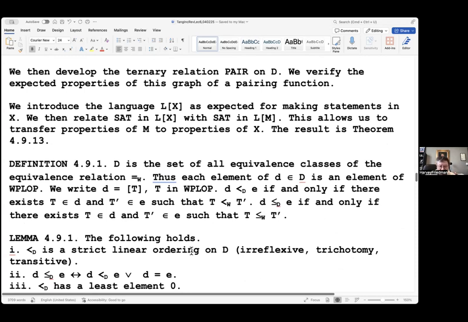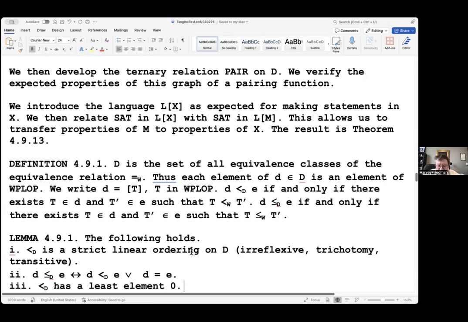The equivalence classes are the elements of D, just as you'd expect. So every element of D is an element of W plop. We write D equals square brackets T, where T is in W plop, and D is less than E if and only if there's a T in D and T prime in E such that T is less than W T prime.